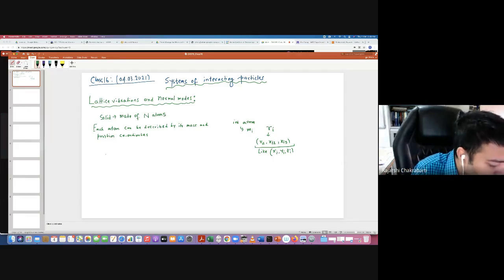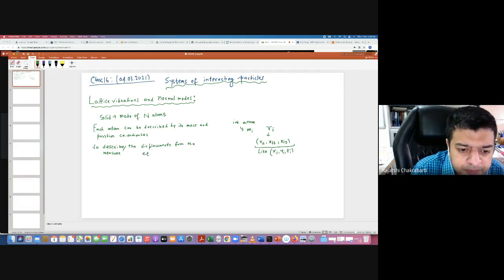So I can always define, for example, to describe or measure the displacement from the equilibrium, we introduce some variable.